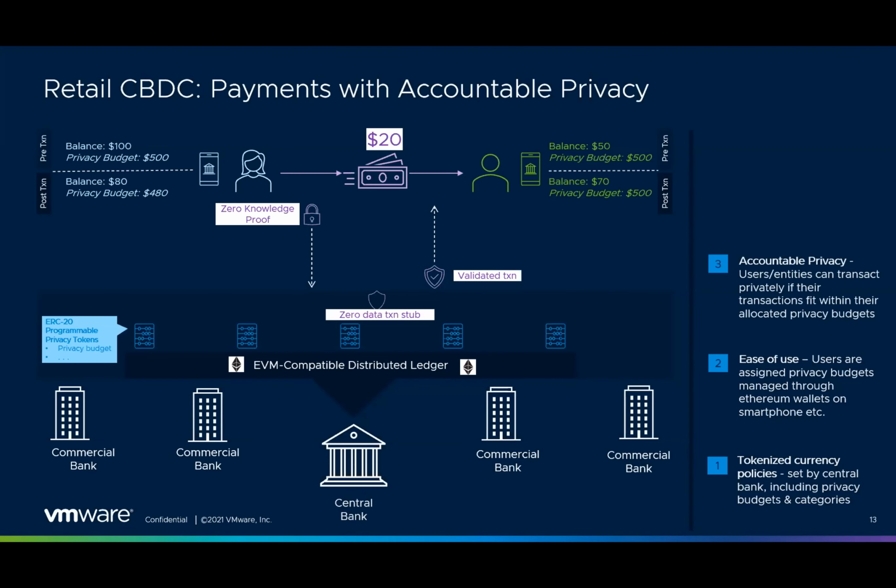Next piece is the accountable privacy piece. Just to double click here, as you can see, users can transact as long as they are within their privacy budget. In this case, they have two users, each with a privacy budget of $500. One person has a current balance of 100, and this person has a balance of 50.